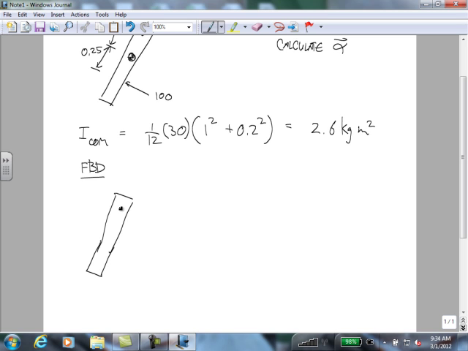And we're doing this as a two-dimensional problem. So gravity doesn't show up. There's the 100 Newton force. And then there's one more place where something external is touching the outline of this body. Where's that? The pin, right? So we have this force F.